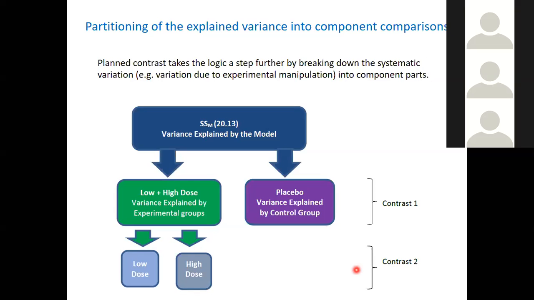So the sum of square between, for our Viagra data, is 20.13. You now split it. What it means that you plan it is that you still combine them as if they are 2, 2, 2, but combining them as 2 does not mean that you are pairing. So for the first comparison you do, all of them are still involved in it.